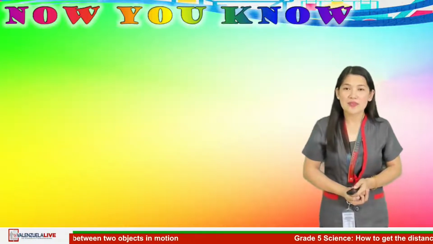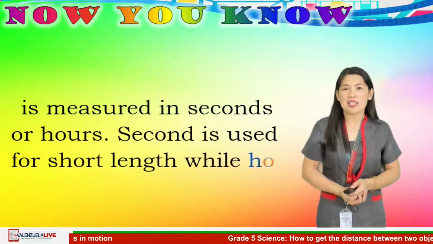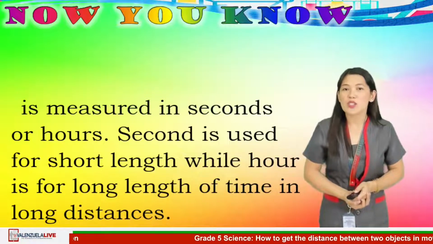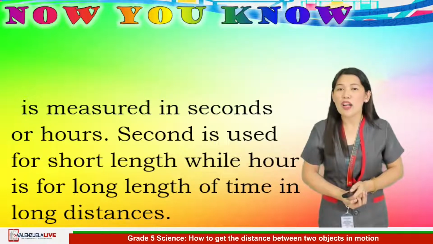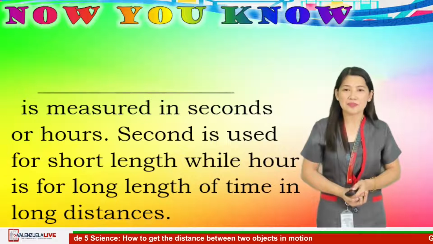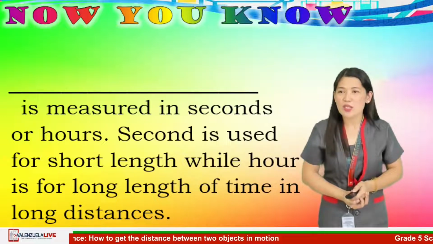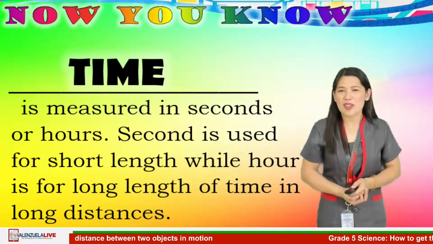Next question, it is measured in seconds or hours. Second is used for short length of time, while hour is for long length of time in long distances. What is your answer? Time. Very good.